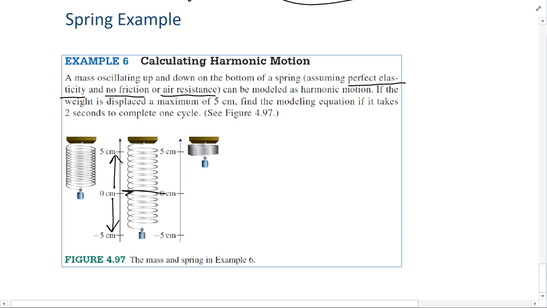So they gave us some key information. First of all, we're going to use A times the sine of omega t. We're using sine this time. It's going to help to sketch a graph of this.